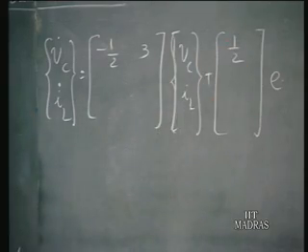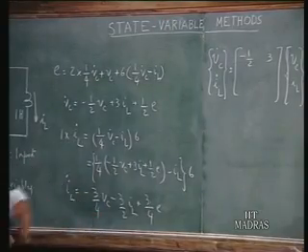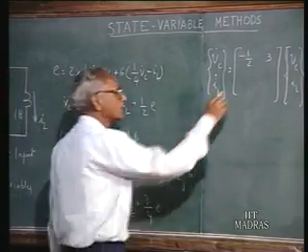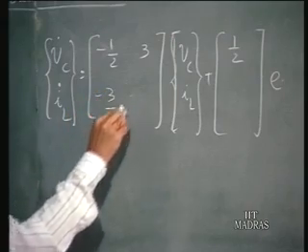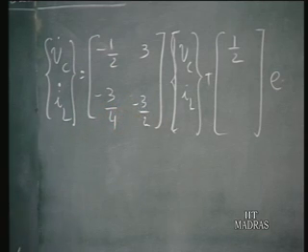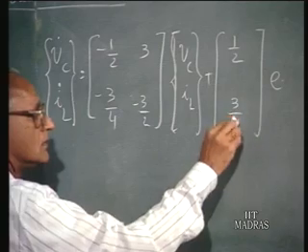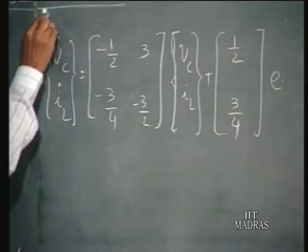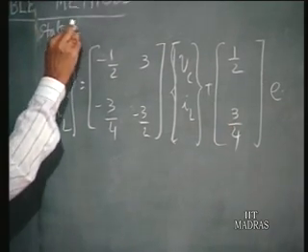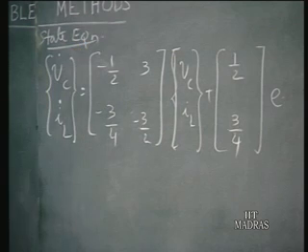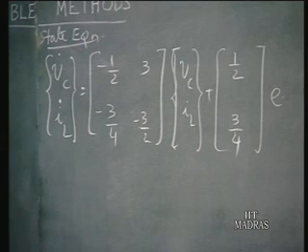Similarly, IL dot equals minus 3/4 Vc minus 3/2 IL plus 3/4 E. So, this is the state equation, in standard form x dot equals Ax plus Bu.